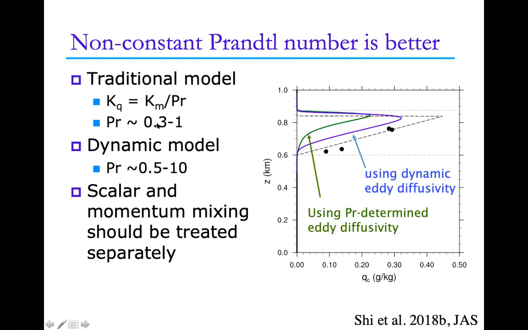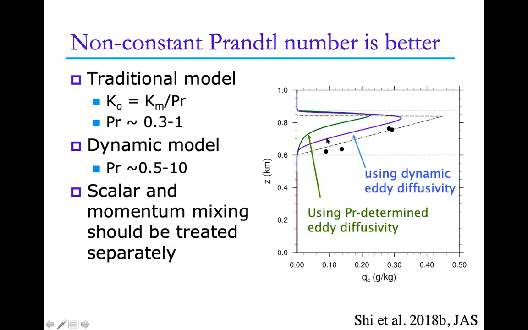People use different values. But using the DRM, we can actually dynamically calculate an eddy diffusivity without using a Prandtl number. And we found that the eddy diffusivity that is calculated dynamically results in a Prandtl number that actually ranges from 0.5 to 10, depending on what layer in the boundary layer you are at, which is very, very different than the constant Prandtl number solution.